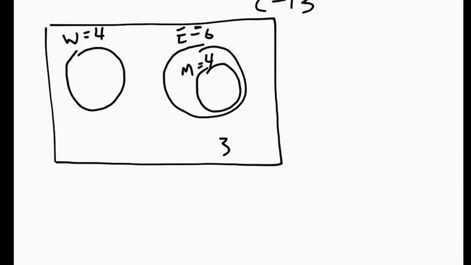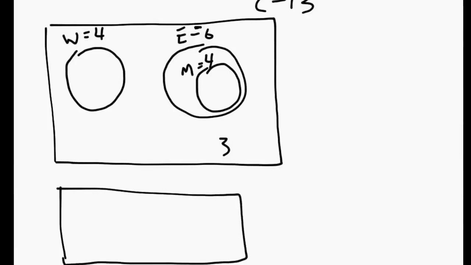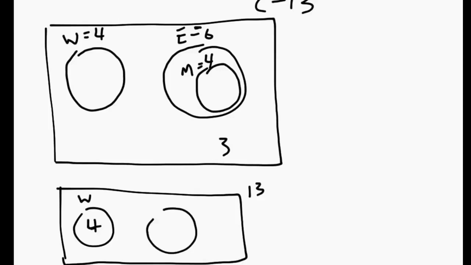Quite often it's a good way to just summarize it into a smaller amount. Other times when you're drawing the diagram, you might want to just ignore the title. So you might even just say 13 on the outside. We could call this west and put a 4 inside. And we could call this east and Maritimes, put a 4 for the Maritimes, and then 2 other eastern provinces that are part of the 6 that aren't in the Maritimes.